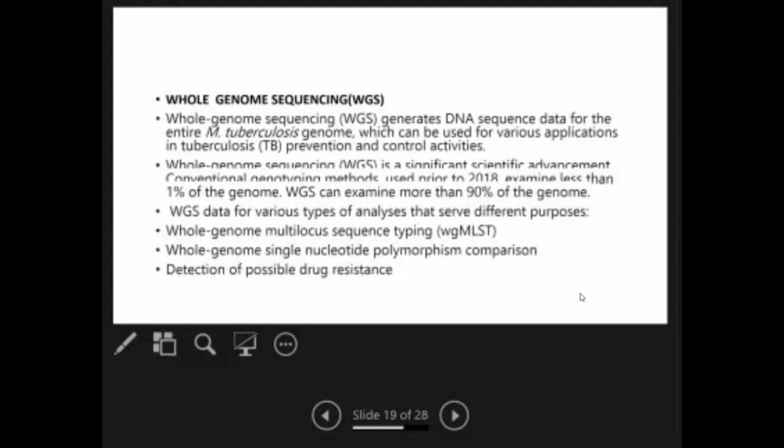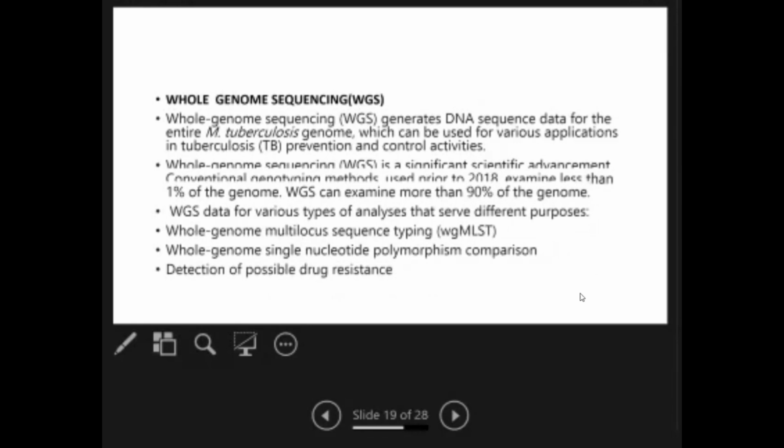So just to touch on whole genome sequencing. If you want to diagnose a resistant gene, the most important thing is we are detecting only the already known genes.